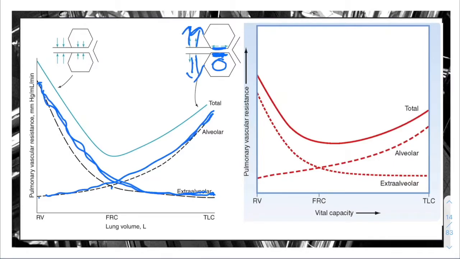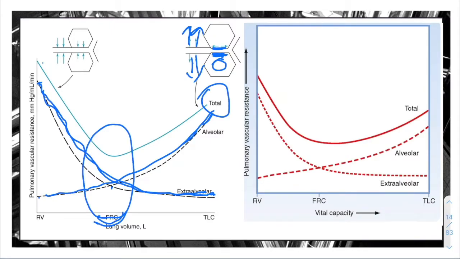If you combine these two resistances, you will get your total pulmonary vascular resistance. So from RV, you will have a U-shape pulmonary vascular resistance from RV to FRC to TLC, wherein at FRC you have the lowest pulmonary vascular resistance.